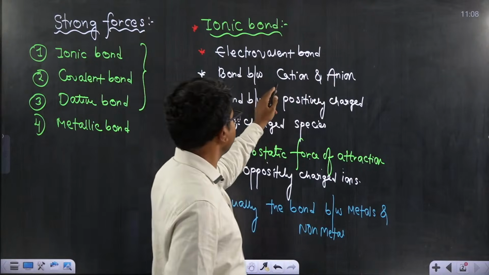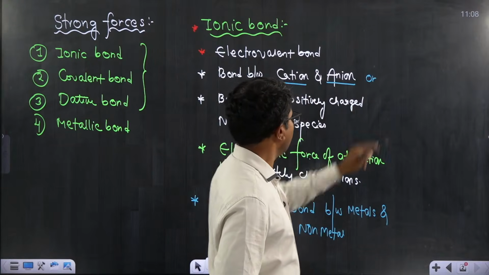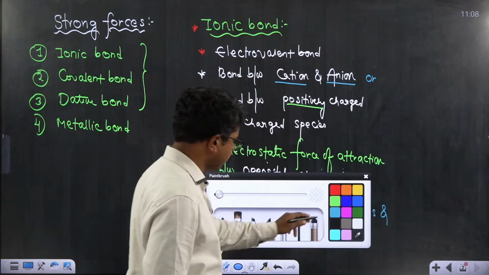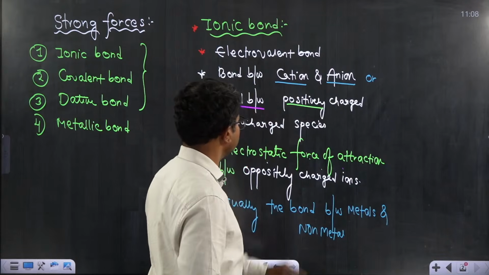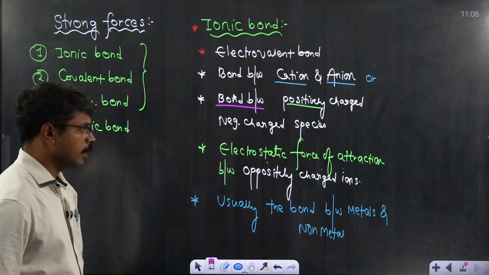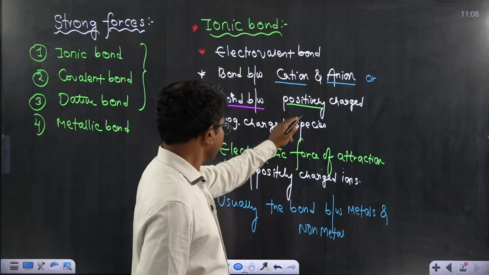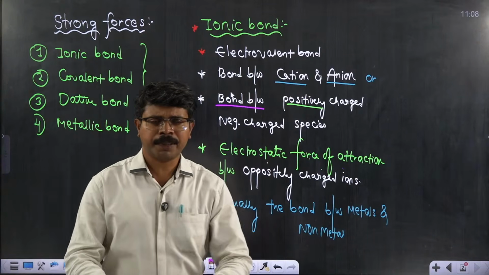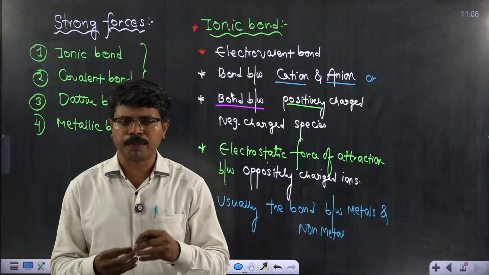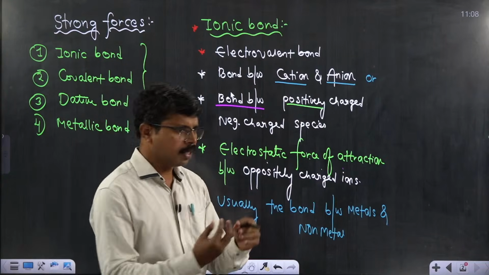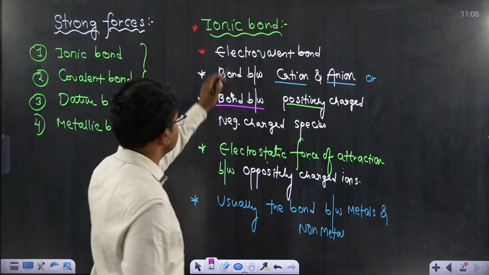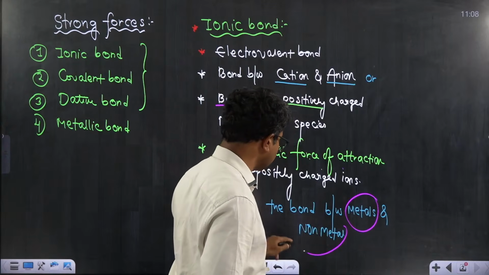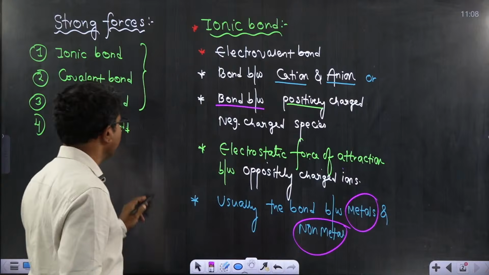It is the bond between cation and anion; cation is the positively charged species and anion is the negatively charged species. If a positive charge and a negative charge are there, we can expect an electrostatic force of attraction between oppositely charged ions. This electrostatic force of attraction is referred to as ionic bond. The bond between metals and non-metals is usually considered ionic bond. Okay?